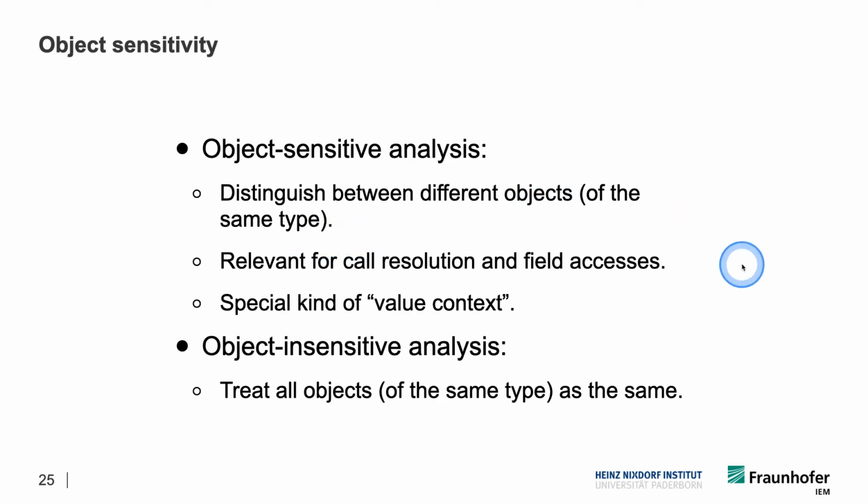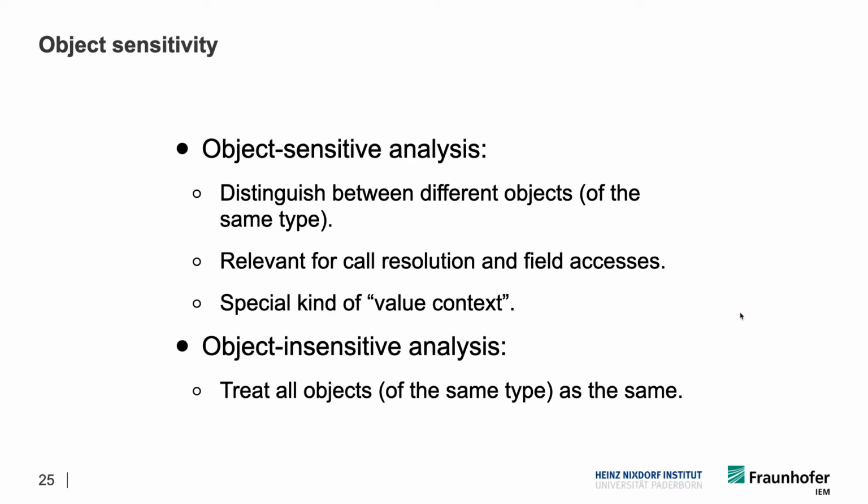And this can be relevant, for instance, for resolving method calls or also for resolving field accesses. They are a special kind of value context because these objects, like you will see, typically are represented by call sites in your program or by abstract representations of runtime objects. And they are therefore special analysis values. If you have an object-insensitive analysis, on the other hand, it treats all objects of the same type as the same, but here we want to distinguish them.